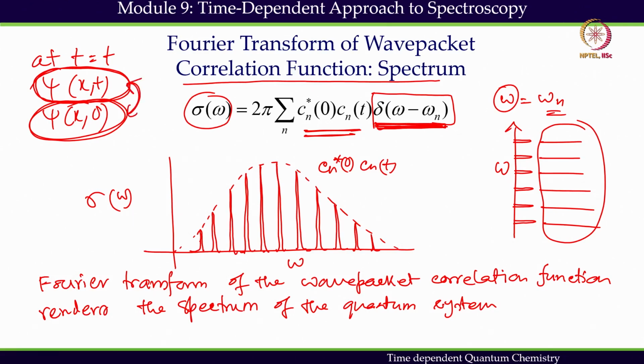If I Fourier transform that overlap, it has the information of how many states there are and what states we have, but we cannot see it in the time domain. To see that, we have to go to the Fourier domain or frequency domain, and immediately we will be able to see it.